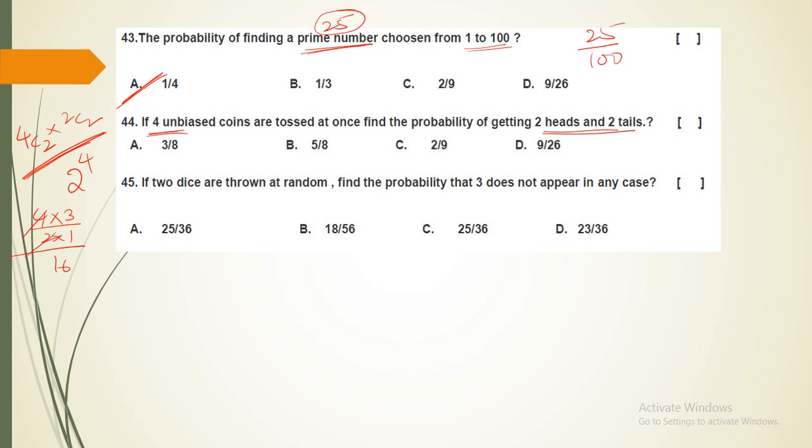The 2 cancels, so we get 6 by 16, which means 3 by 8. So the answer is 3 by 8.